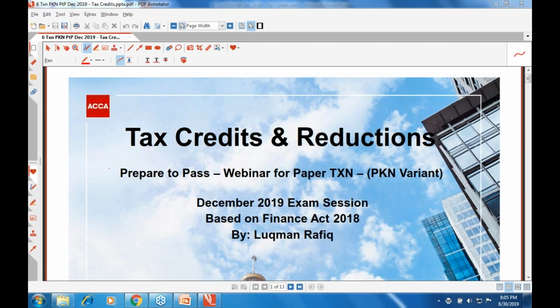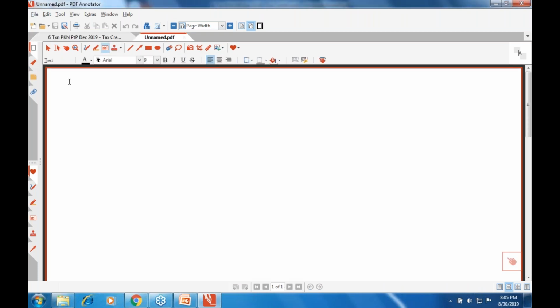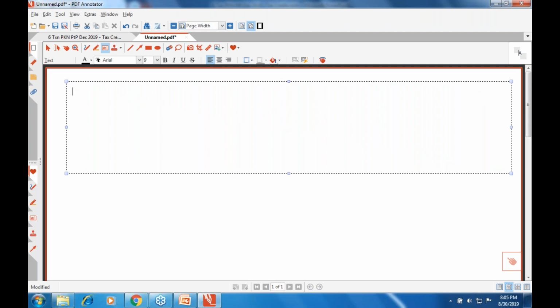Before we start discussing the tax credits and tax reductions, let's try to understand one specific concept. Whenever we compute the taxable income of an entity, the next step after the computation of the taxable income is to compute the tax liability.